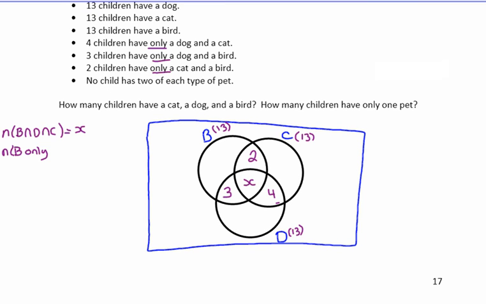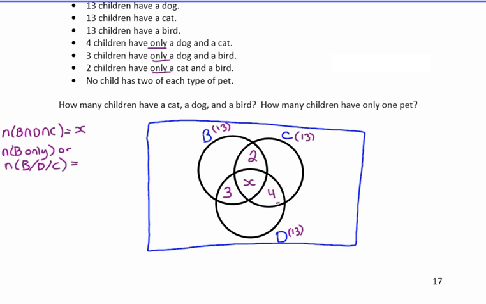And you can write that two ways, just B only, or you can write it as B excluding the dog, excluding the cat. Two ways to write that, okay? We know that these four portions add to what? 13. And so this only bird is going to be the total minus these guys.